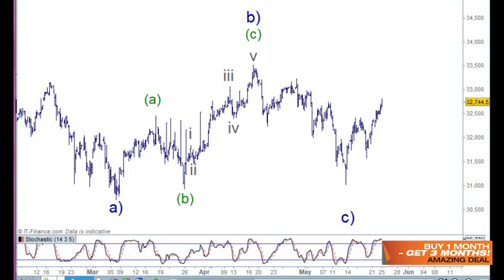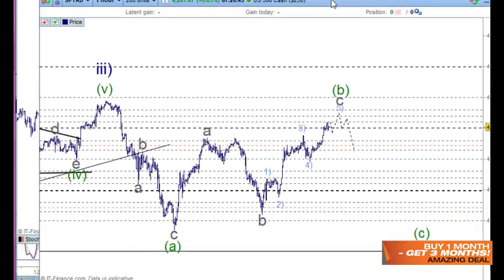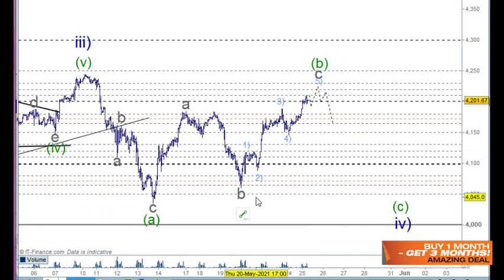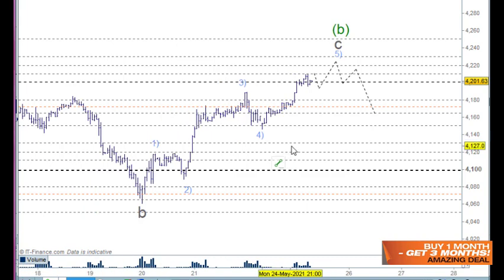Let's just go back over the SP 500 for a moment. Just to recap, the important point of all of this is that this leg that we've got here, as you know, we're looking at it in this last little fifth wave, which can also be wave 1 as well, but we need that to top.